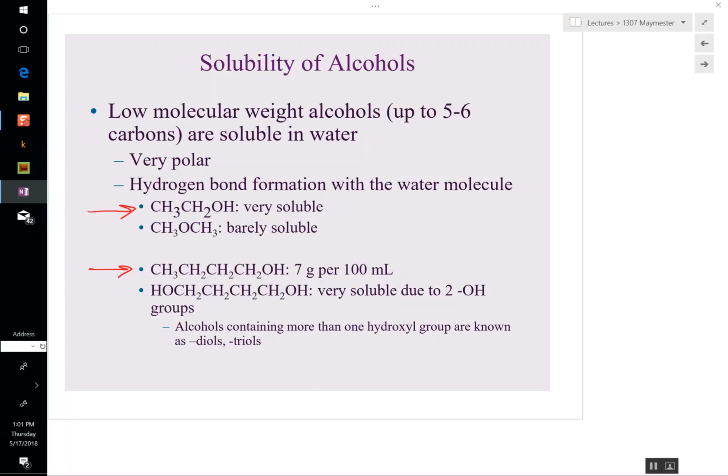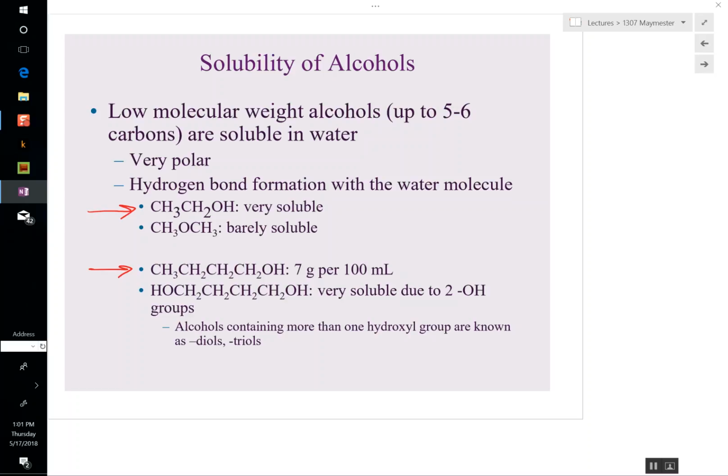We've got 2 OHs. And what does it say? It's very soluble. This is just as soluble as that. At 4 carbons. But it's got 2 OH groups.